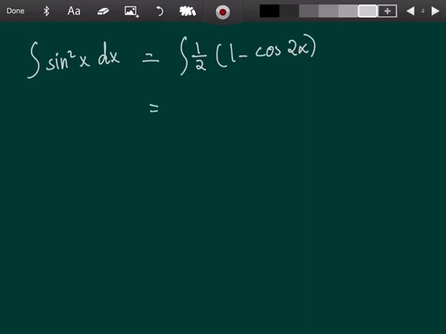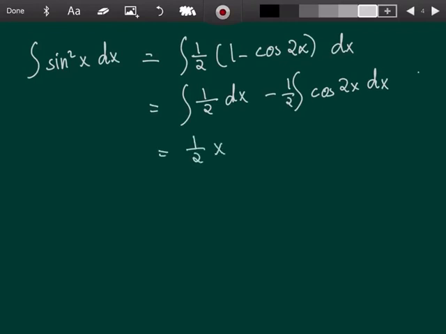So we separate: integral of 1/2 dx minus integral of 1/2 cosine 2x dx. The integral of 1/2 dx is 1/2 x.